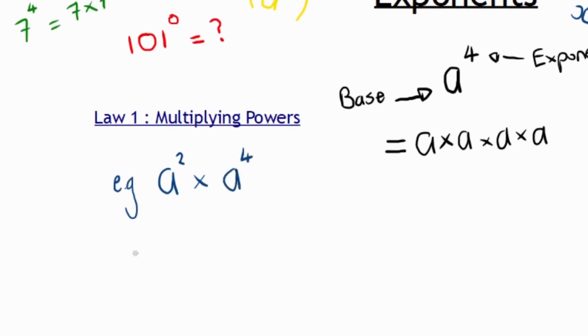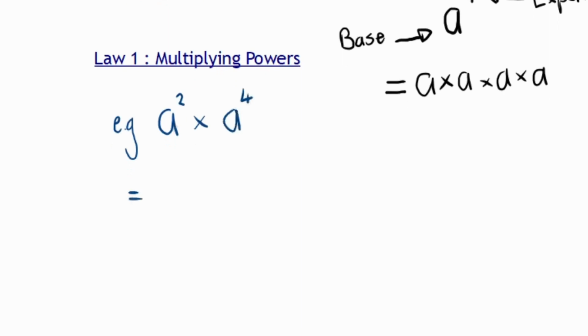Now, our first law of exponents tells us that when you multiply bases, then you add the exponents. So in this case, we have our base a, and then we have the addition of the exponents. So 2 plus 4 would give us an exponent of 6. And that is our final answer.